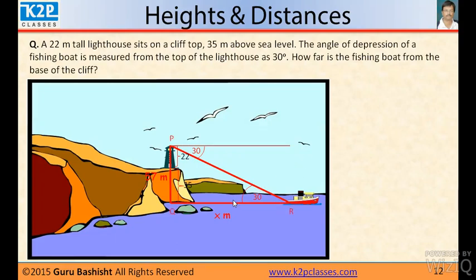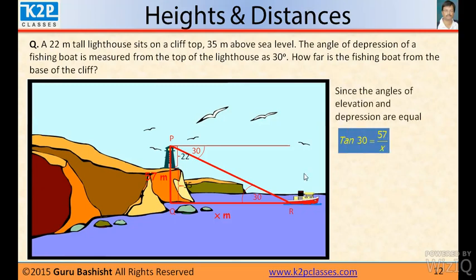Now see what things we know. We know this angle. For this angle, this is the height or opposite side, and this is the adjacent side or base. So naturally the tan theta formula will work. So tan 30 equals 57 divided by x. What is the value of tan 30?